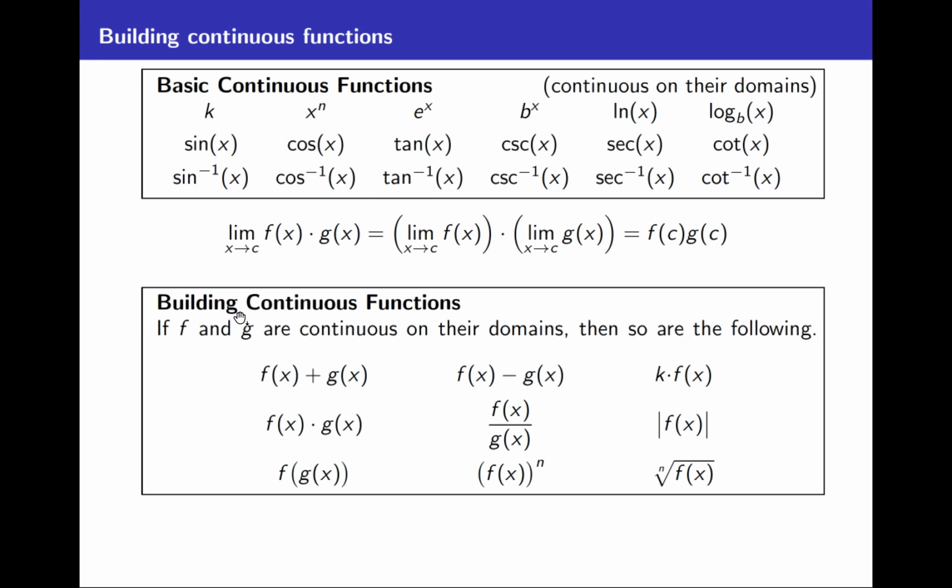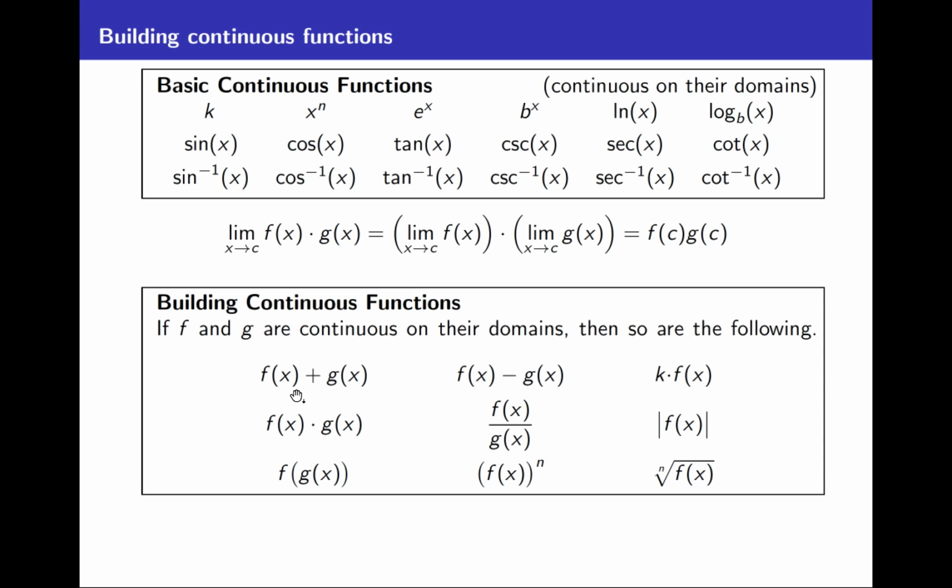So I'll put a box here titled Building Continuous Functions to carry our discussion to its natural conclusion. If f and g are continuous on their domains, then so are the following. F of x times g of x, for the reason we stated here.